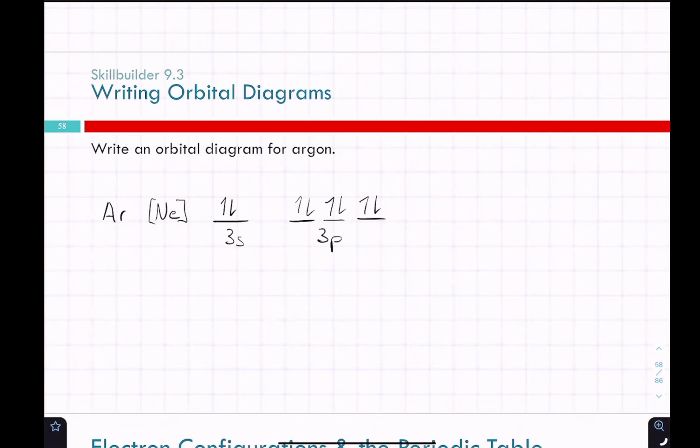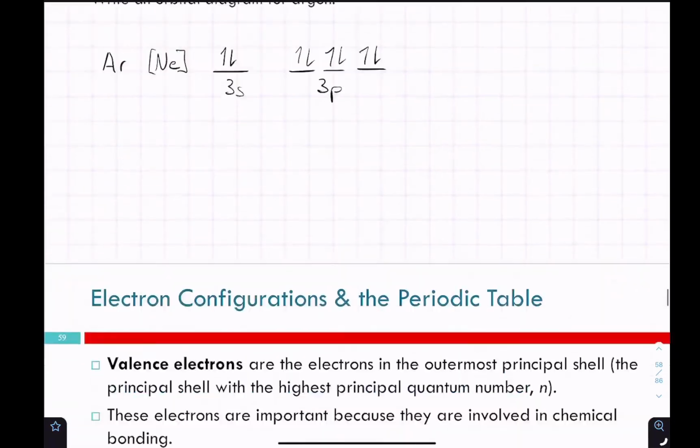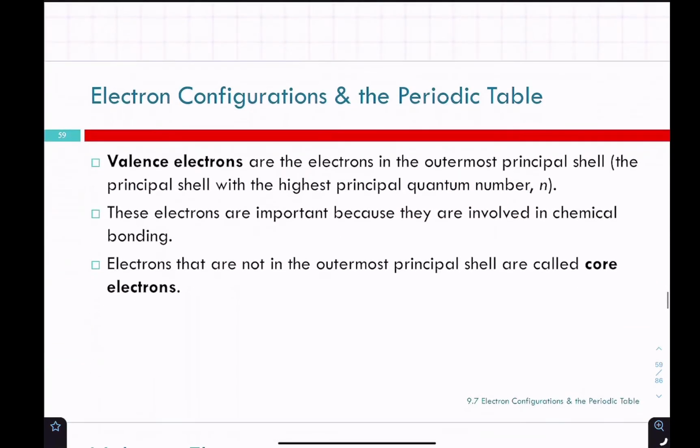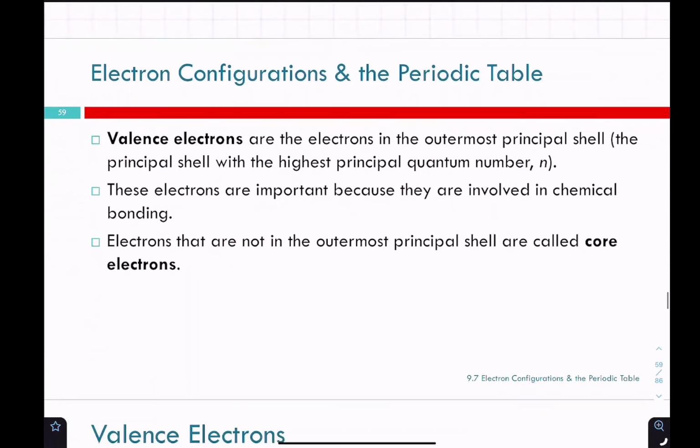So same thing with the electron configurations, just doing orbital diagrams now. And if it makes it easier, you can do an electron configuration first, then do the orbital diagram based on that. This is why we use the noble gases for abbreviations, because what we're usually concerned with, and the thing that determines most of the properties of an element, are its valence electrons.